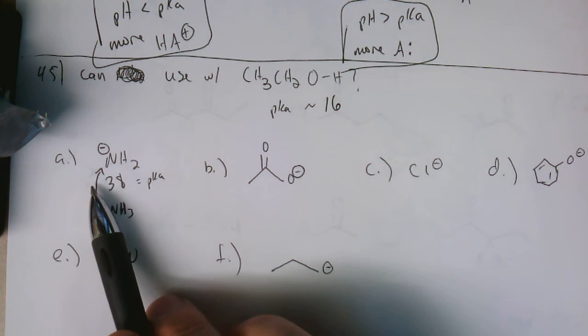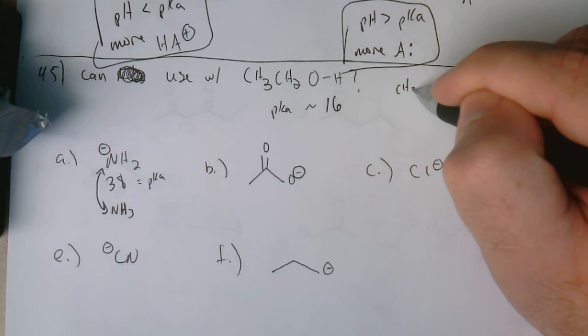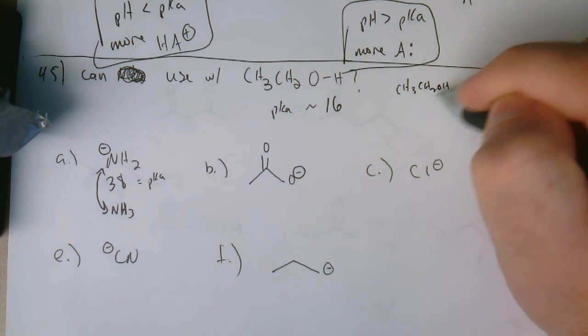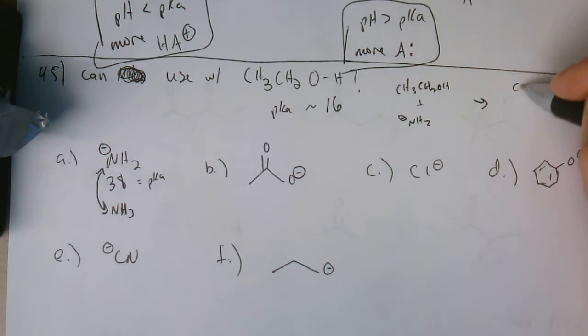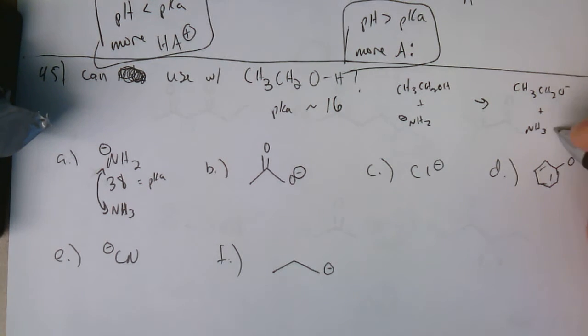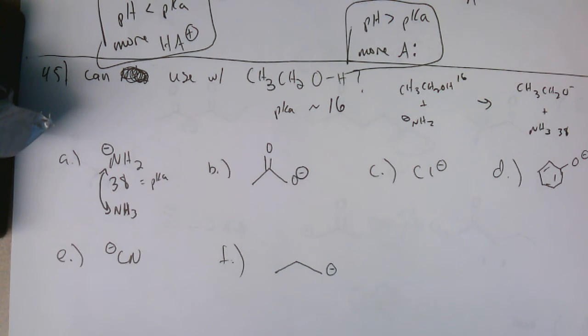Perhaps the best way to think about these is to fully write out the reaction: CH3CH2OH plus NH2 minus is going to go to CH3CH2O minus plus NH3, and then write out your appropriate pKa's for each of these. So this one's 38, this one's 16, and I know my reaction is going to favor the side with the larger pKa, right?